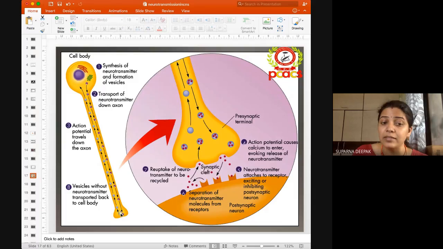So once the vesicle releases, as you are seeing here, these vesicles which are filled with neurotransmitters are releasing the neurotransmitter in this cleft. Once it releases the neurotransmitter, it becomes empty. Those empty vesicles are again going to travel back to your cell body, get filled up with neurotransmitters again, and come back.